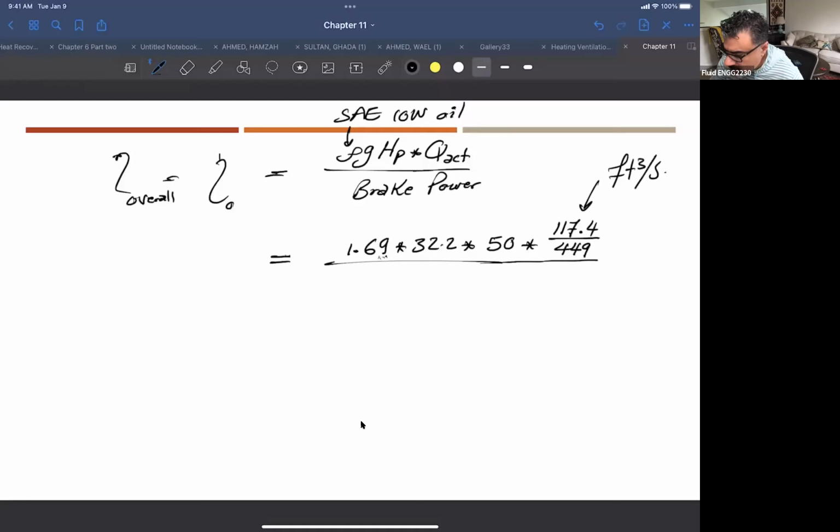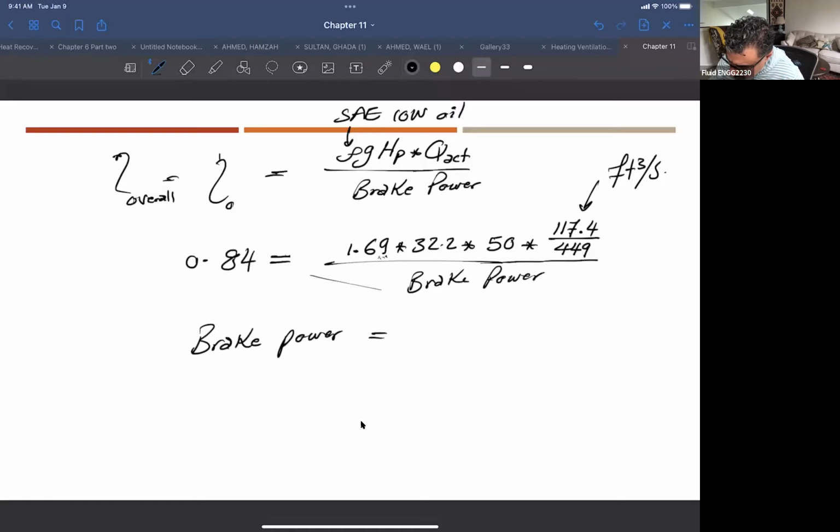And the overall efficiency here, which is brake power, equals 84. This is given, so I can find the brake power.